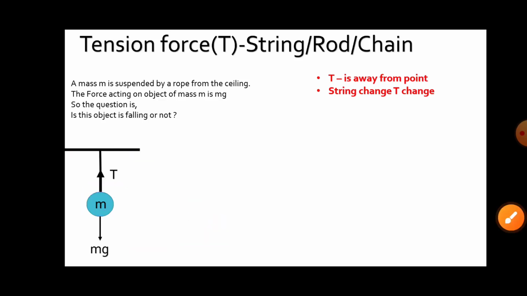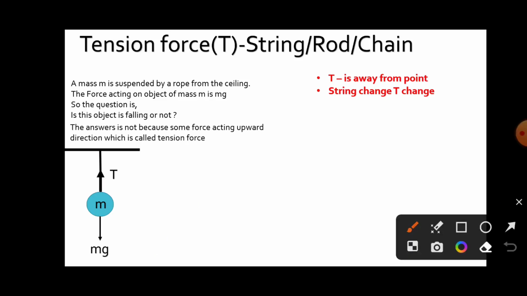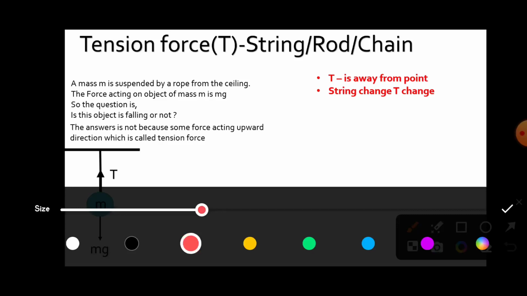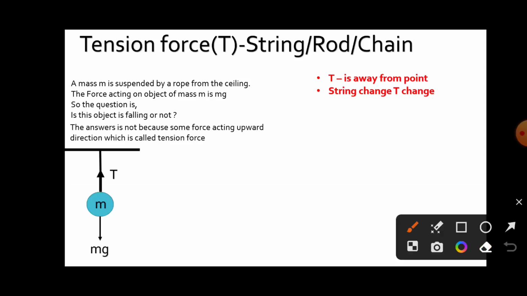The answer is no, because some force acts in the upward direction, which is called the tension force. The object is not falling because it is suspended by a rope from the ceiling.